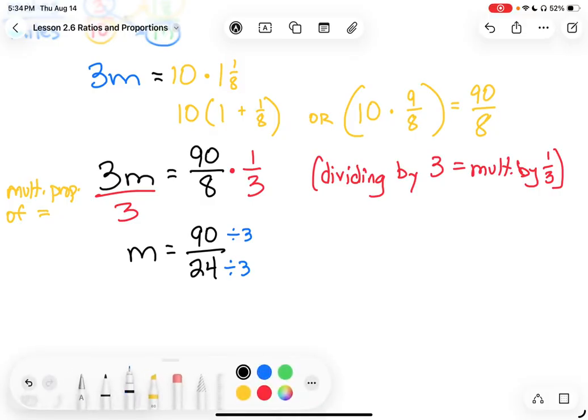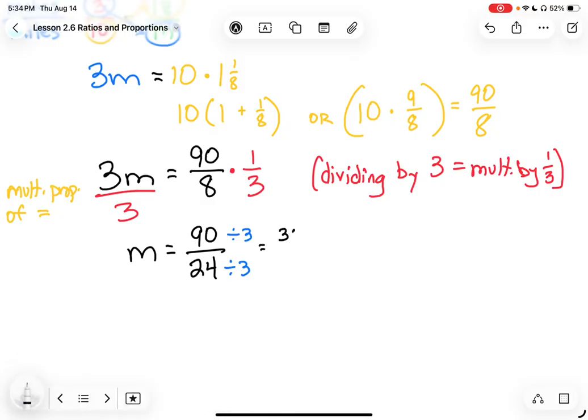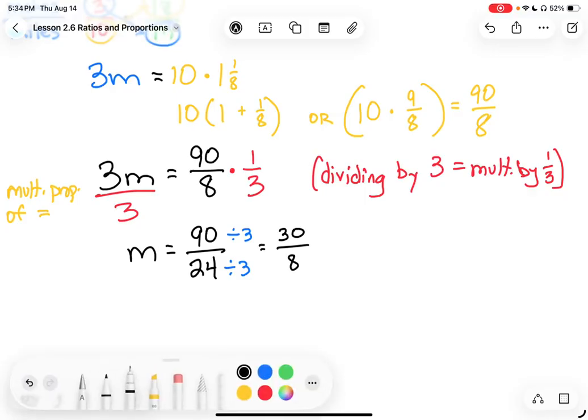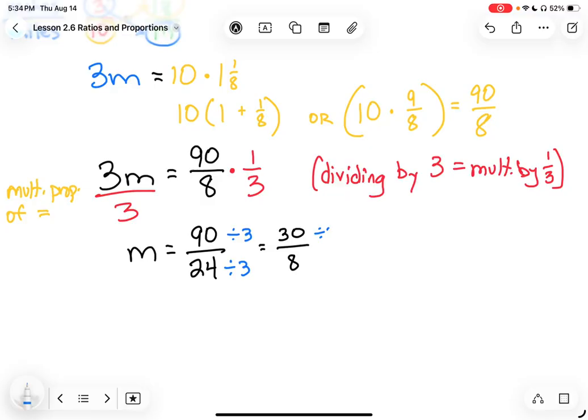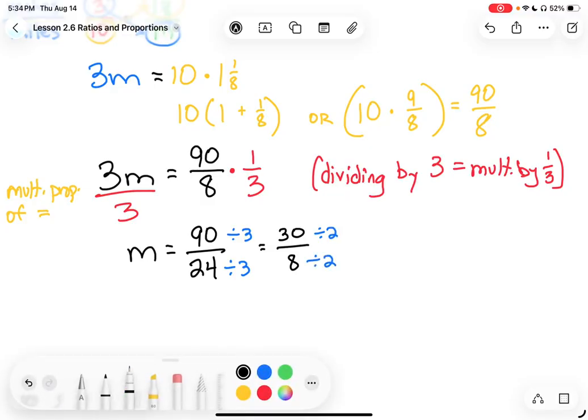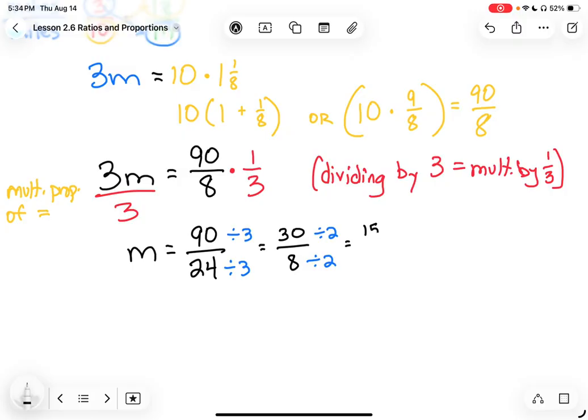So 90 divided by 3 is 30 and 24 divided by 3 is 8. And then both of those are even numbers, so I know I can divide both of them by 2. That's going to give me 15 over 4, and I don't think there's anything I can divide 15 over 4 by.